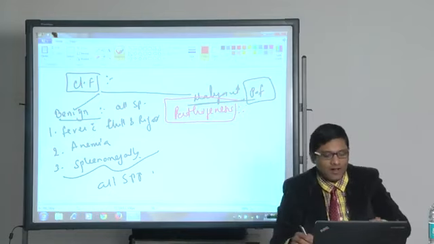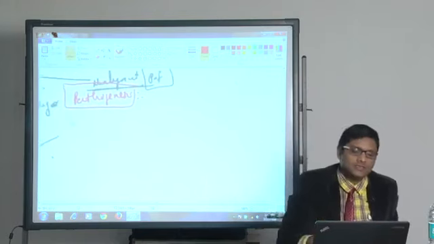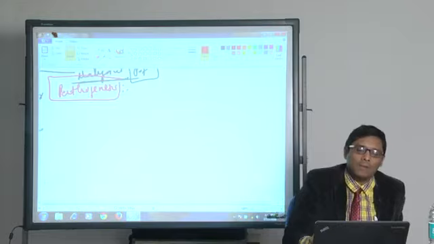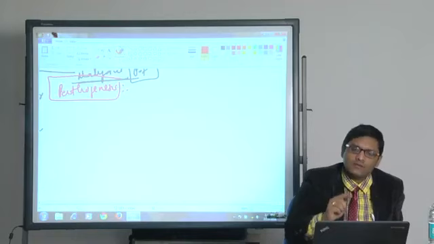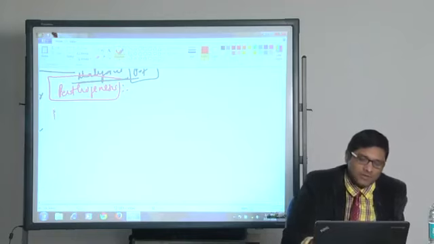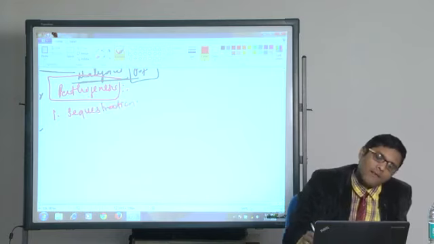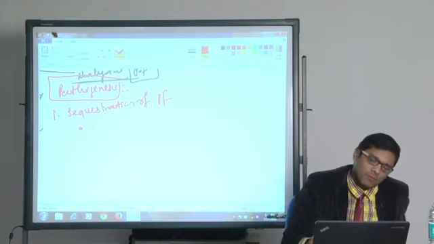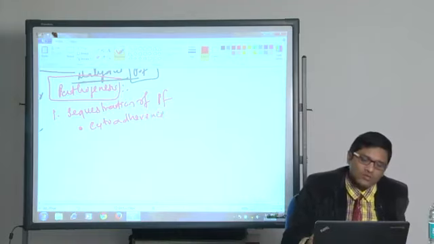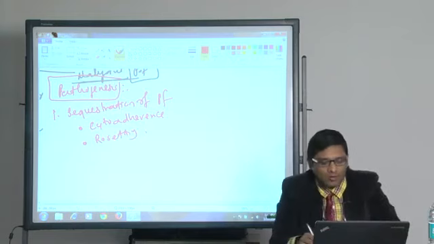The reason is that in falciparum various specific pathogenesis events take place which are not there in other species. One of the important events is sequestration of Plasmodium falciparum by cytoadherence and rosetting.